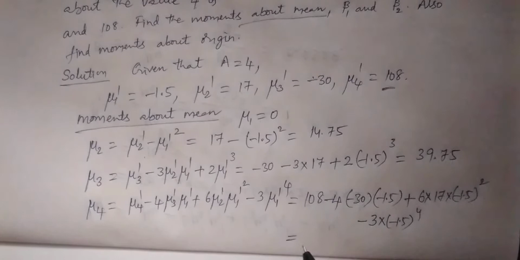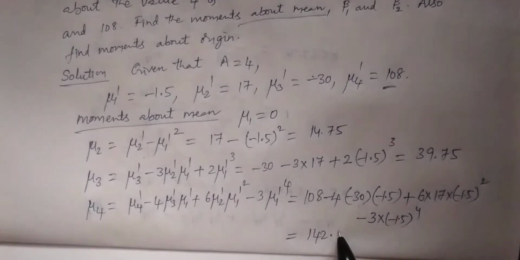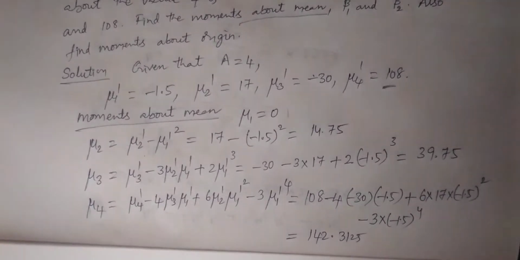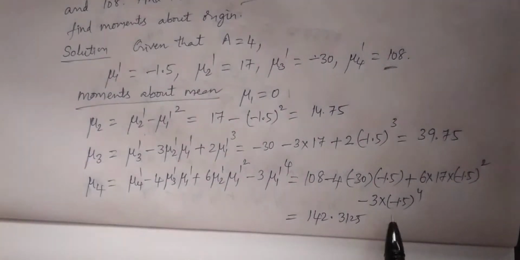If you simplify and calculate this, you will get mu4 value 142.3125. Calculate the value with the calculator.